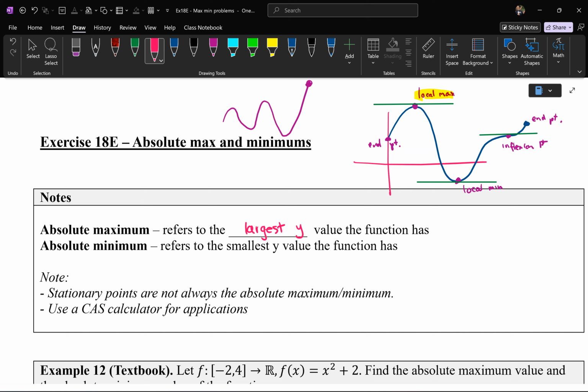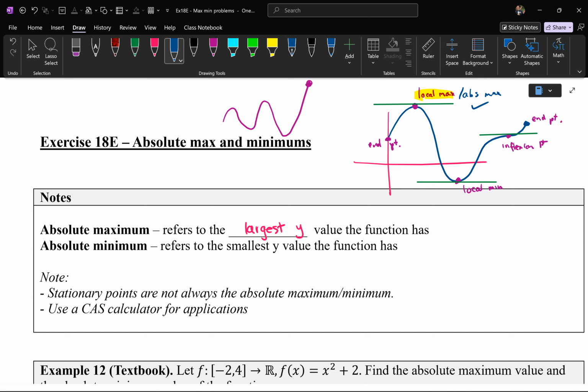An absolute minimum means what is the lowest y value the graph can take. So in the scenario that I drew here before, the local max happens to also be an absolute max. That's true, because that is the highest value it can have.